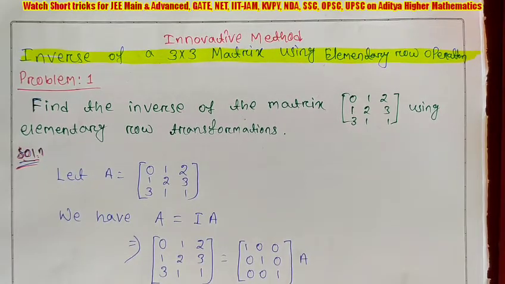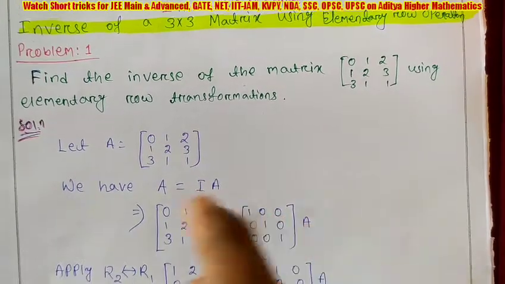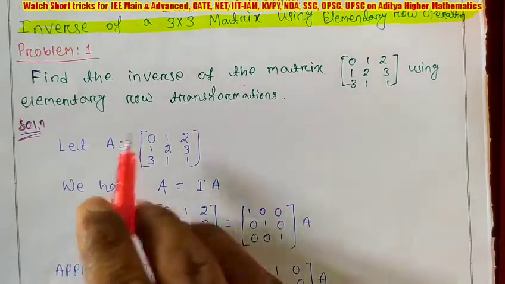So both questions have different cases. Watch the solutions of both questions, and watch until the end, because it is very difficult to understand elementary row operations if you watch only half. Now we will discuss the solution of the first question.